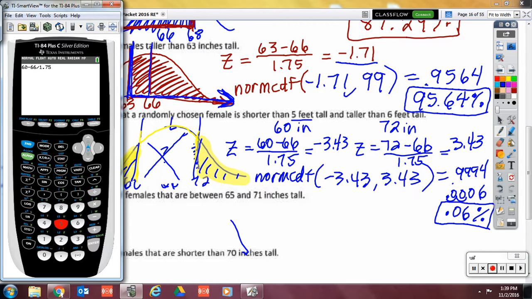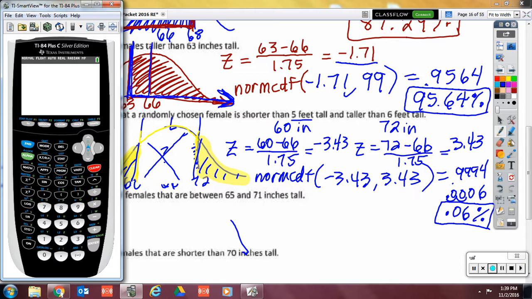Yeah, all that's getting divided by 1.75 is a 66. So you're messing up the order of operations if you're doing it that way. Then you get something all messed up. That's what I got. Yep. Okay. Yes, ma'am.